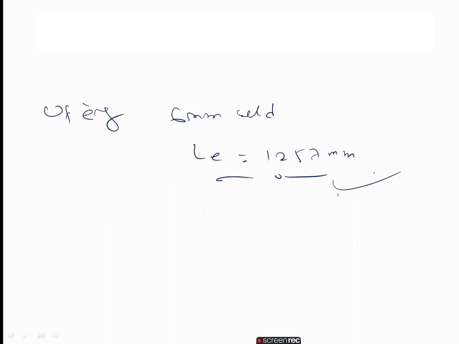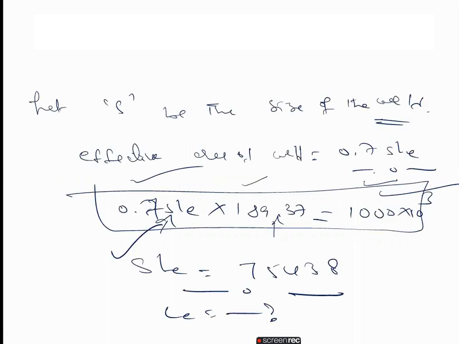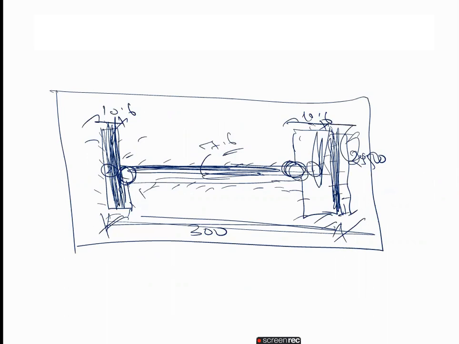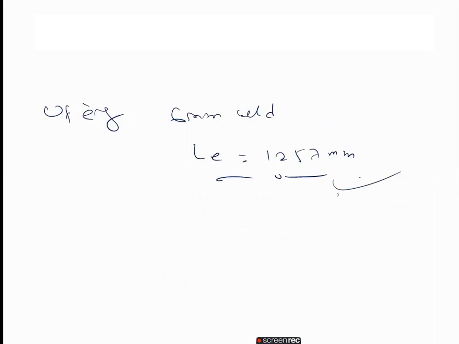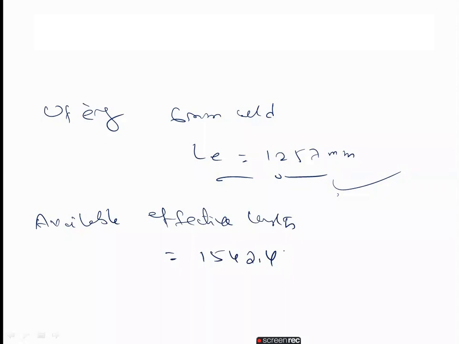Okay. So after deducting for the end returns, most probably if you observe here, at these places you will get the end returns or the edges. So end returns of the weld at the rate of twice the size of the weld at each end. Now I will calculate the available effective length. The available effective length is 1542.4, whatever we got, the total length of the available welding, minus 2 into 6.